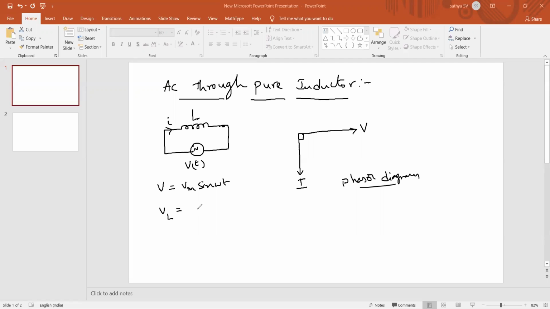VL equals, in our unit 1 we have it, L into di by dt, sir. Very good. L into di by dt. So here VL is nothing but your V, that is V of t, the voltage presented across your inductor. Now di by dt equals V by L, right?